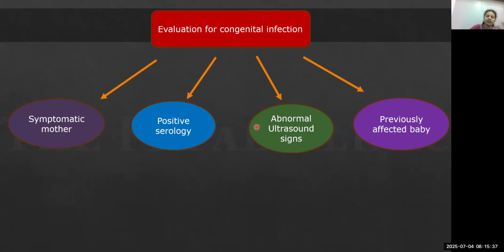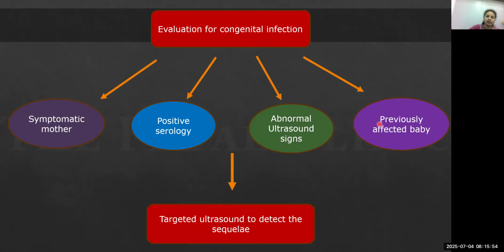An abnormal ultrasound sign when you pick up on a routine ultrasound or you seek for it on an ultrasound examination, or a previously affected baby where they have come for evaluation in a subsequent pregnancy. So all this needs a targeted ultrasound examination to detect if there are any signs of infection and the sequelae.